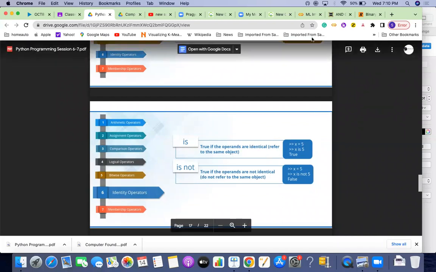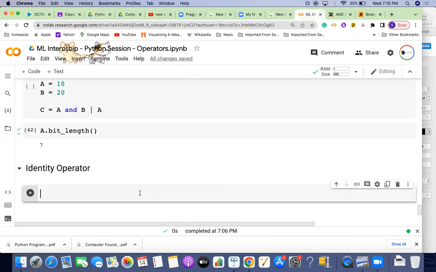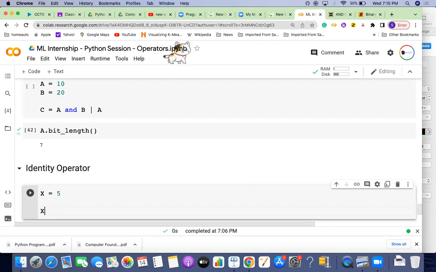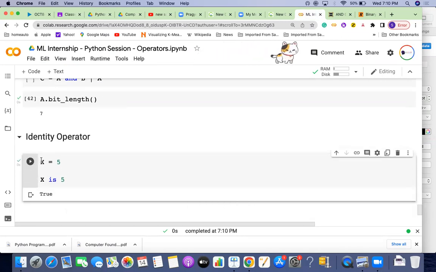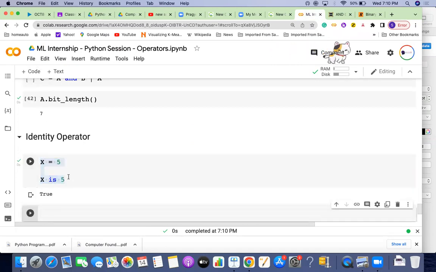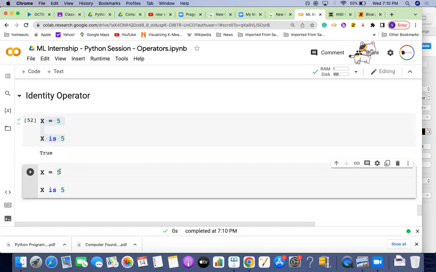I am saying this just to help you remember. So how should it happen? Assume that x is equal to 5. If I operate 'x is 5', is x 5 or not? If it is, it will give the true result. Let me do the other one: x is equal to 6.